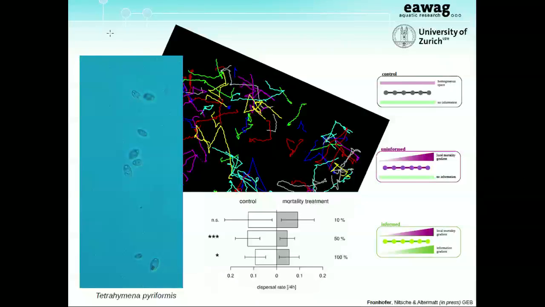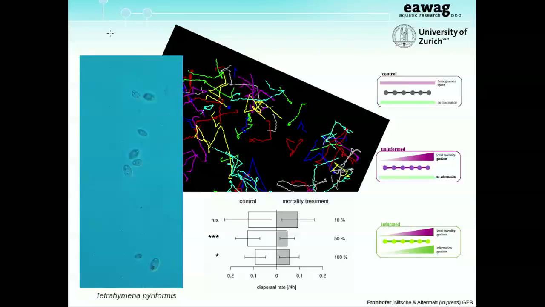So before you tell me that, you know, this is nice, but they will certainly not be able to use information for our third scenario, they actually do. So the information we will take is the presence of dead conspecifics. So we did some preliminary tests here, had a two-patch setup with a control and a treatment where they had dead individuals, and they could decide to go either to the control or to the dead individuals.